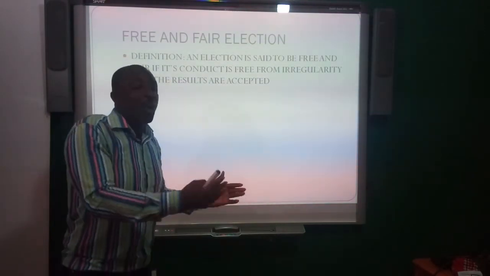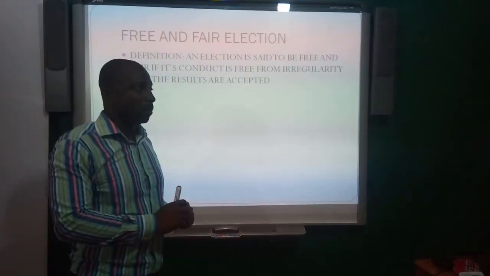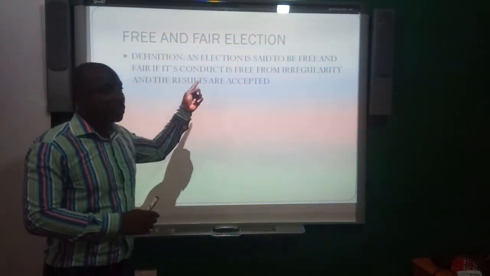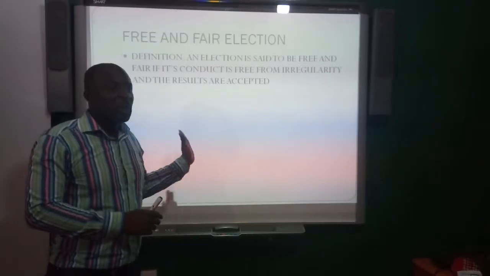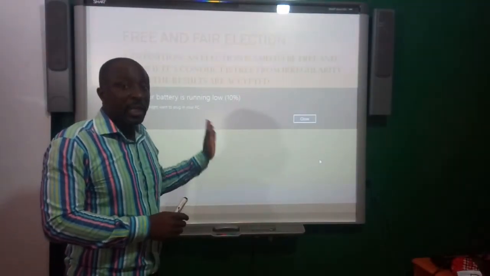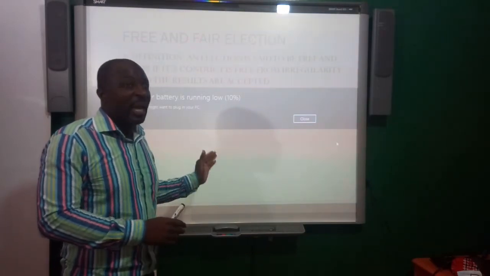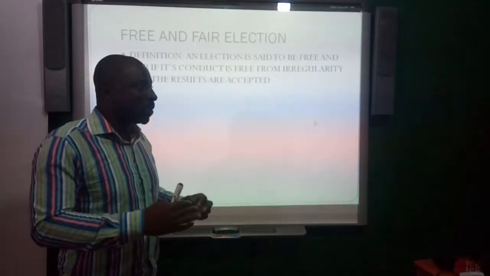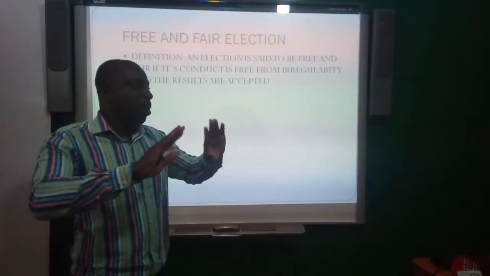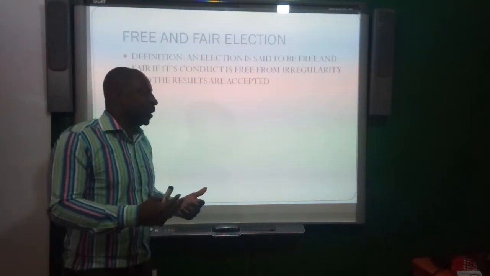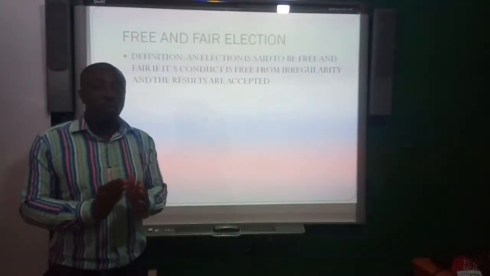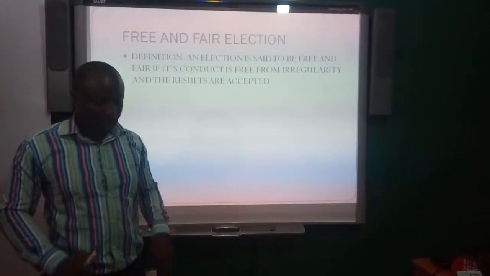So free and fair election: election is said to be free and fair when the conduct of the election is free from irregularities such as double voting, impersonation, gerrymandering, and as a result, the results of the election reflect the true wishes or choice of the people. And when this happens, the result becomes acceptable to all people. So this is what free and fair election is about.